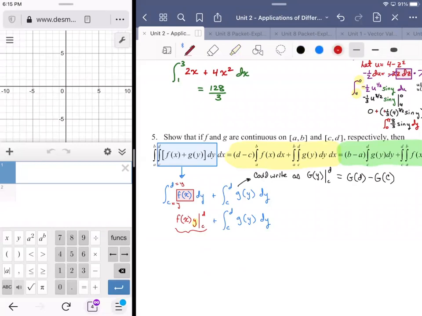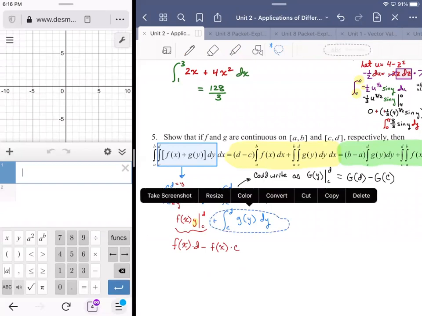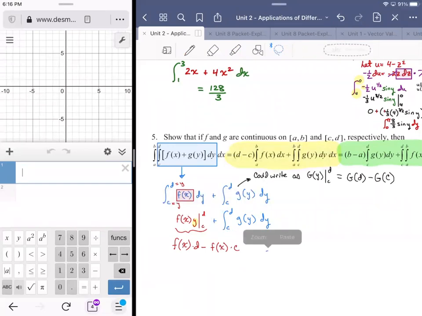People have struggled with that in the past, and I figured it would be worth making a point of. So f of x times d minus f of x times c, and then we still have the plus business here, all this other stuff. Now there's a common f of x. So we pull that out.